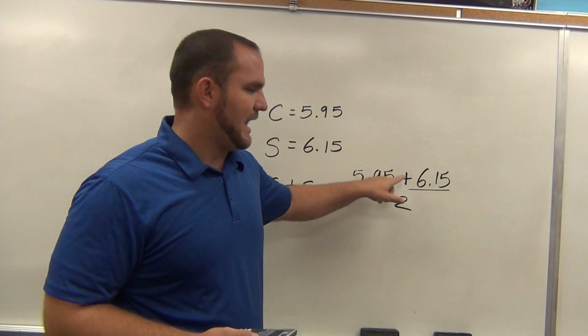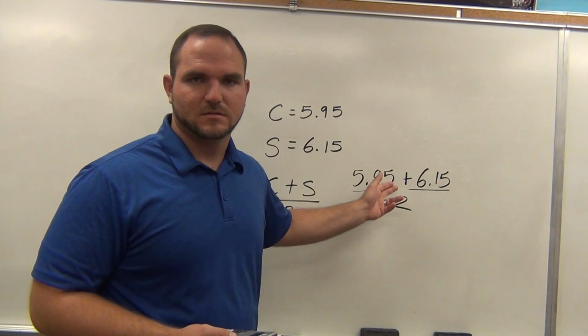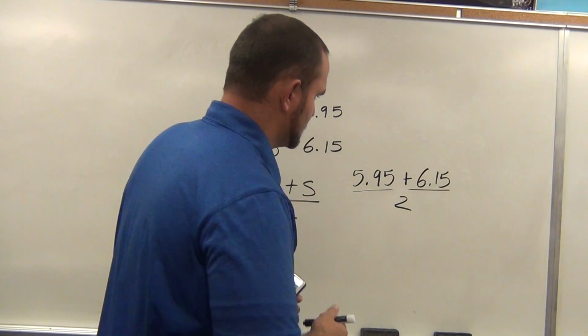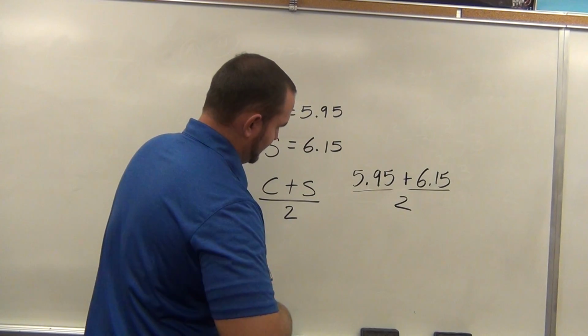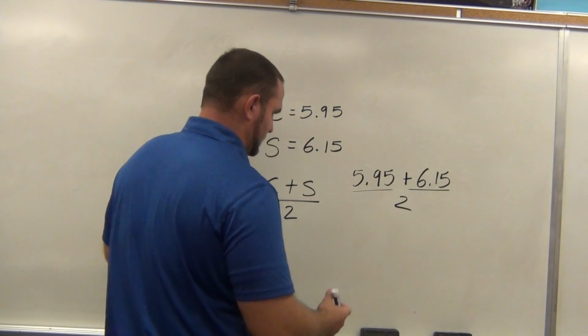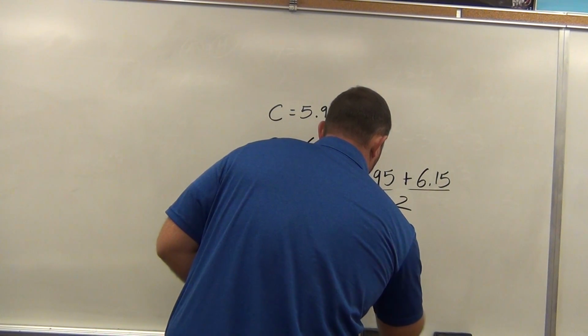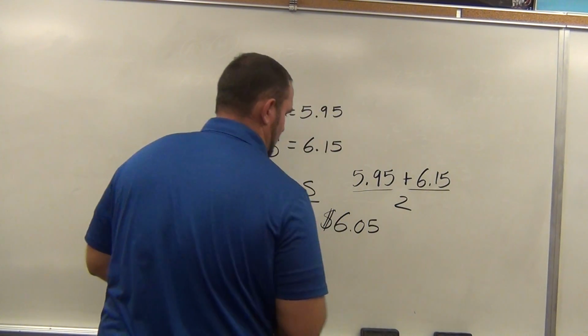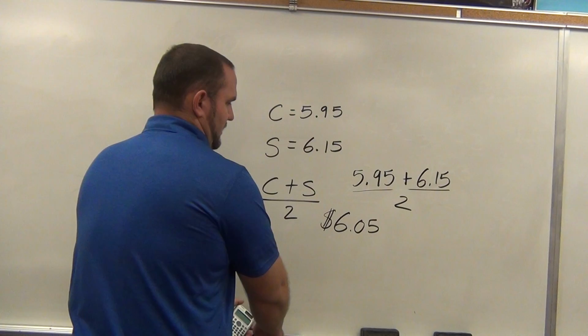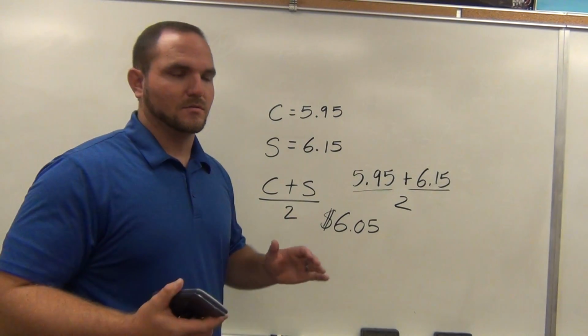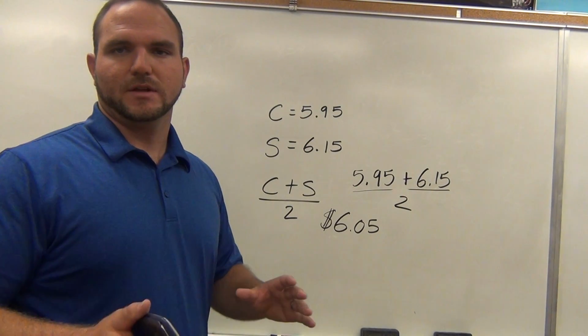Now I would need to add this first, and then divide by 2. So if I added it first and divided by 2, my average cost would be $6.05.